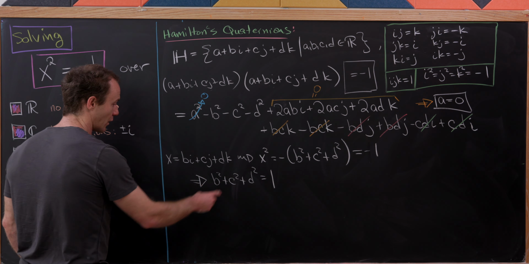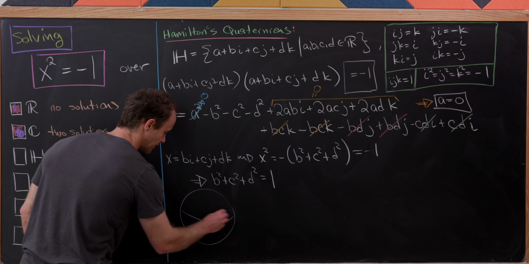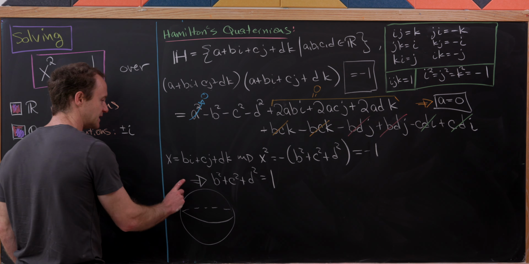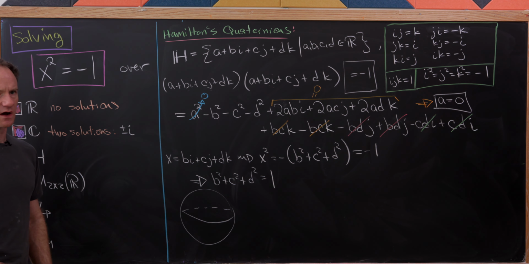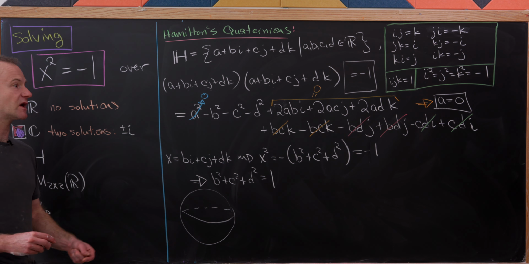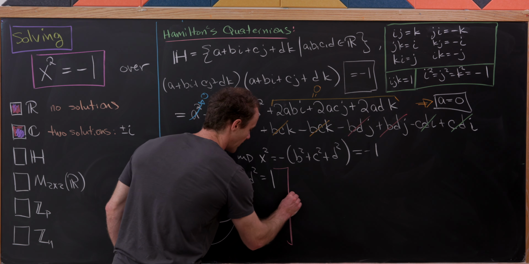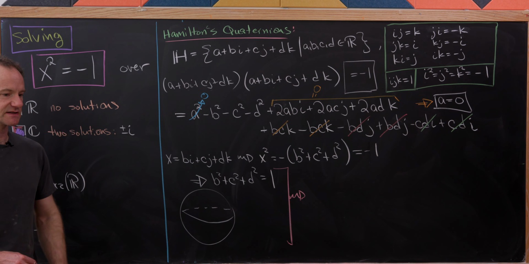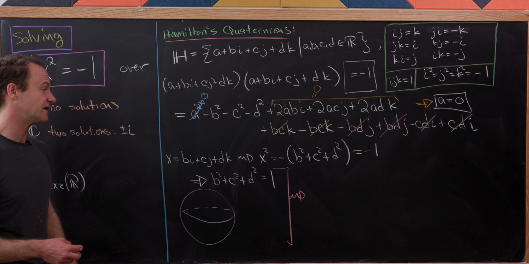Okay, but if those square and sum to +1, that's like these things being on the surface of a two-sphere. So if you think about this as having the b, c, and d axes, how could we get those on the surface of a two-sphere? Well, we want to be motivated by spherical coordinates from calculus 3, a multivariable calculus class. That gives us a way to parameterize the unit sphere pretty easily.